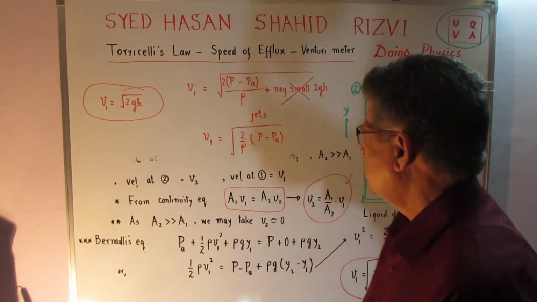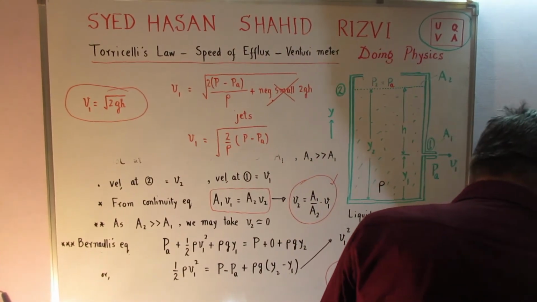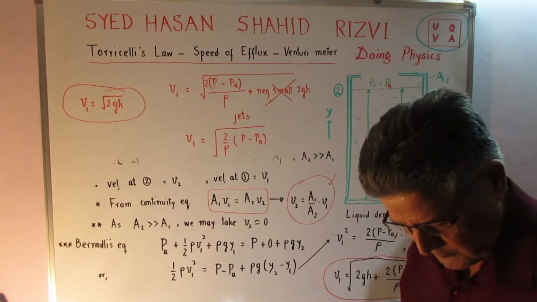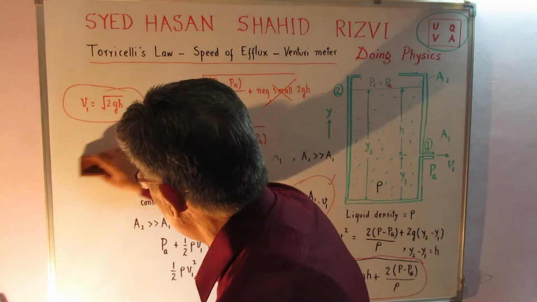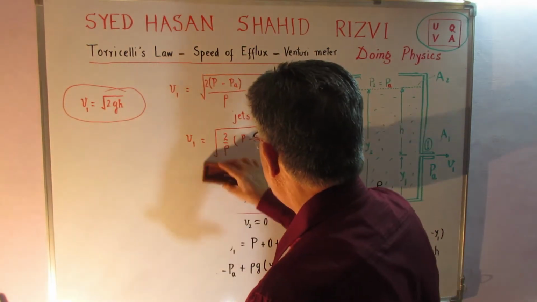Under root 2GH, friends, is something that we know from before.